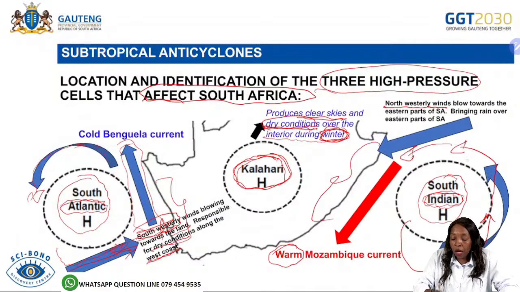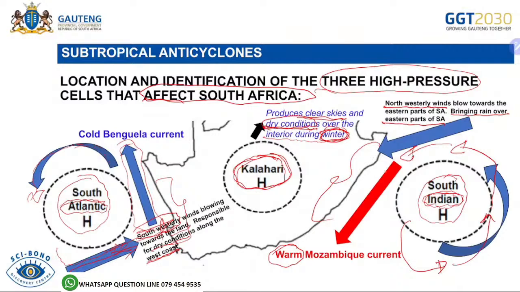Because now it is over the warm ocean, it would bring in rain over the eastern parts of the country, which explains why KZN and certain parts of the east coast are experiencing high rainfall percentages. It's because of the influence of the warm Mozambique current, which brings in humid and moist conditions over the east coast there.